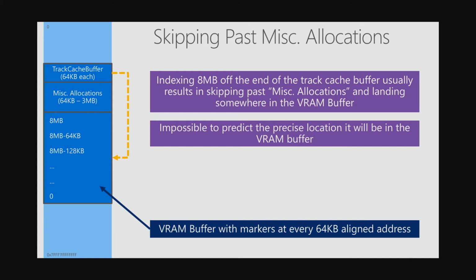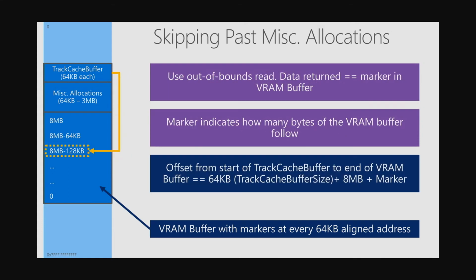So I can use my out of bounds read to read 8 megabytes off the end of that buffer, and then read the marker that I wrote into the VRAM buffer. That will tell me how far into the VRAM buffer I am. Once I know that, I know how much further I need to read out of bounds to get to the end of that VRAM buffer.